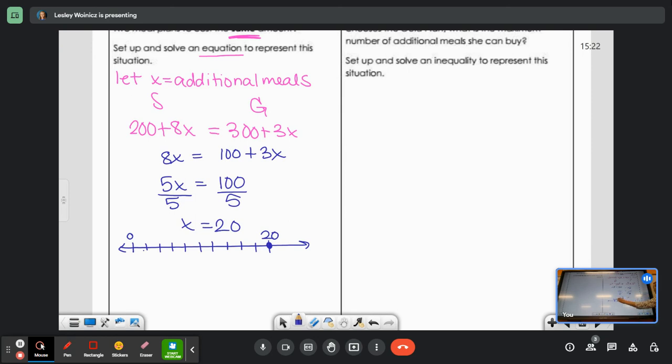And we put a shaded dot on 20 to show that that's the only value that is going to make this equation true. Okay, write a sentence.